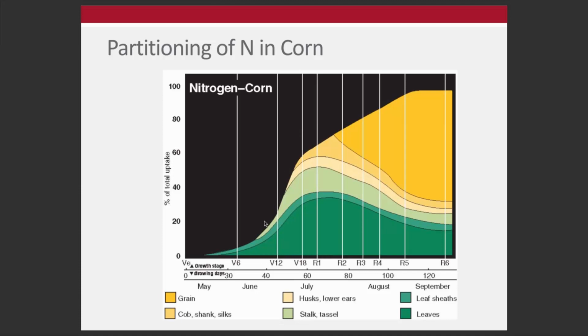And it's interesting, this is just a nice graph, while we're still on corn, to think about what the plant is actually doing physiologically. So it's not just growing amorphously. The plant has a strategy, and this is, again, nitrogen uptake over the course of a growing season. We can see after, say, V8, V10, it really gets into this exponential growth phase.